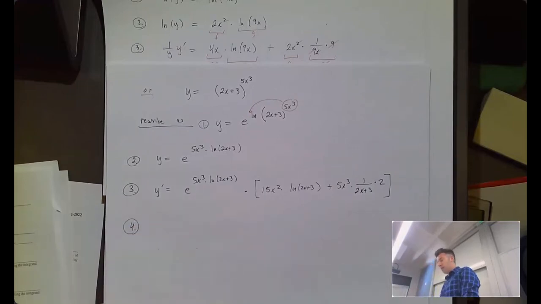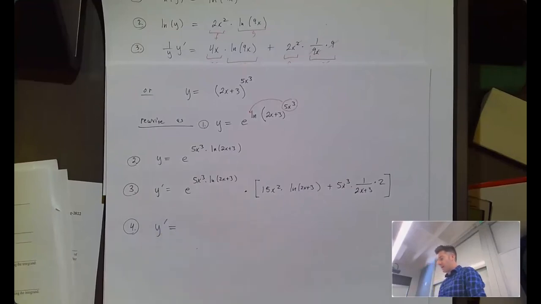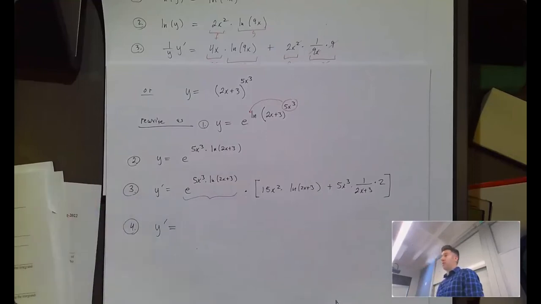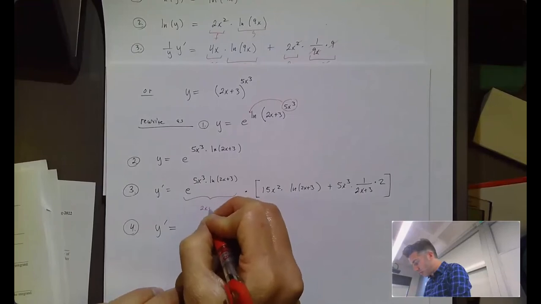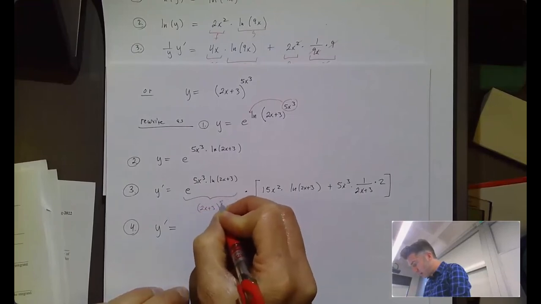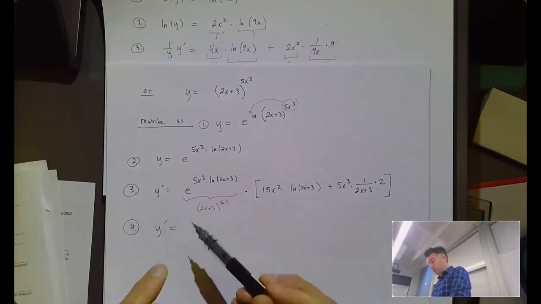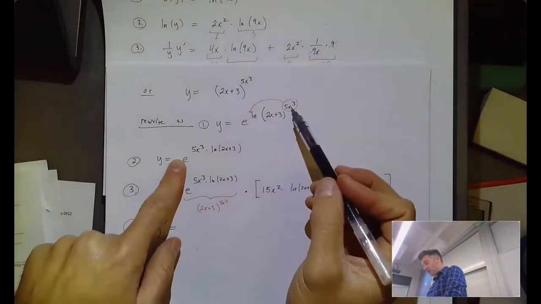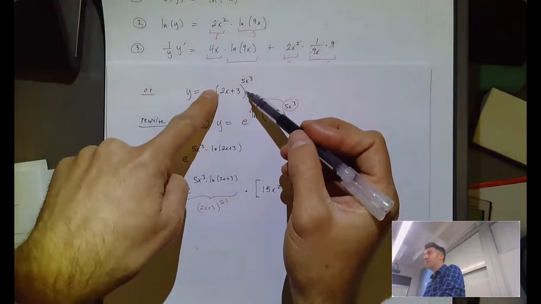When I'm simplifying this, I really do need to remember or see that this part here is the original function you started with. This is your 2x plus 3 to the 5x cubed. It's just written differently. But it is, right? Because the way we got this was by bringing down the power. So, right, this is the same as that, and that's the same as that.